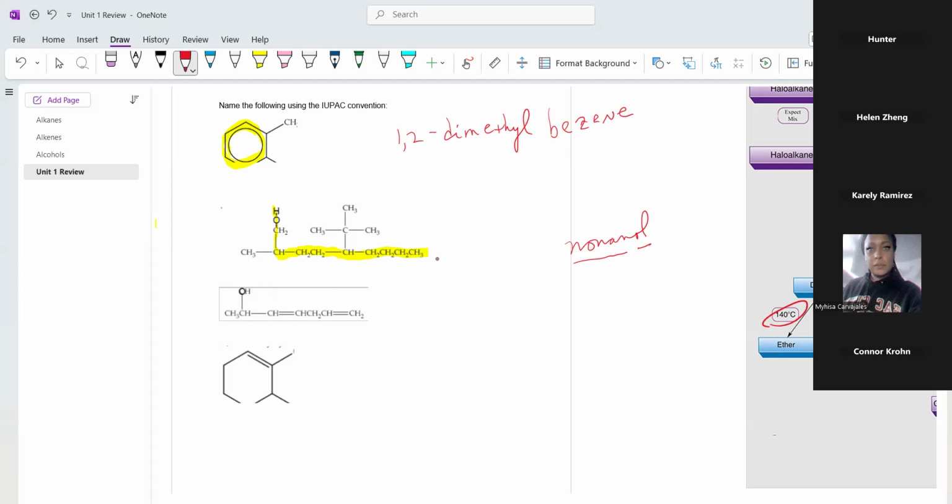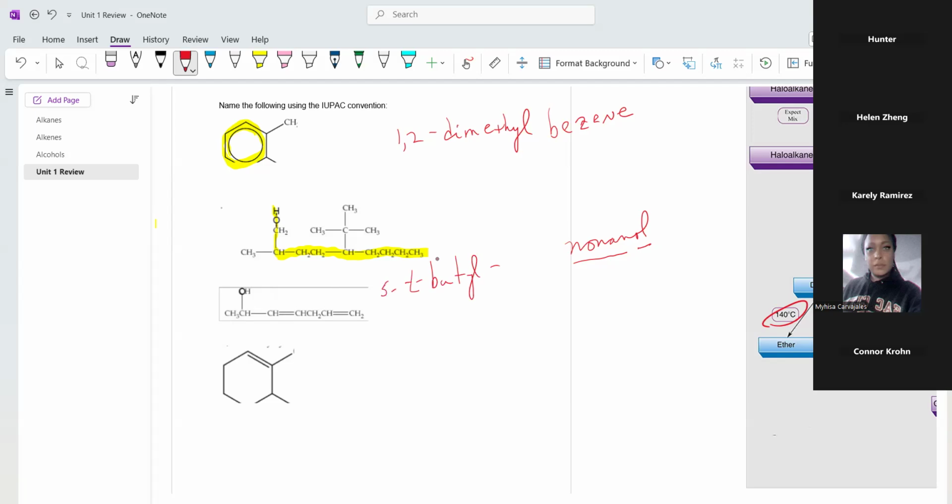Okay, cool. Now I haven't stressed T-butyl branches very much. In past years, I stressed them more than I have to this semester. Anyway, this is a T-butyl branch, and it's on 1, 2, 3, 4, 5.